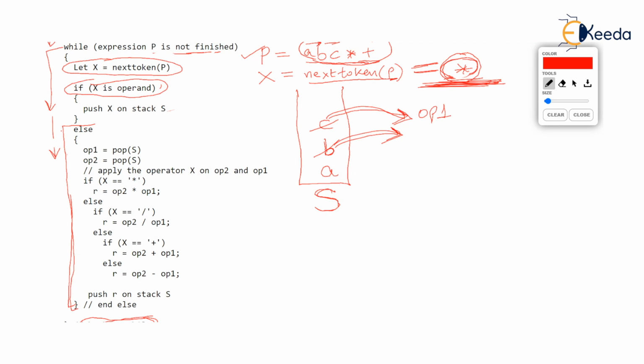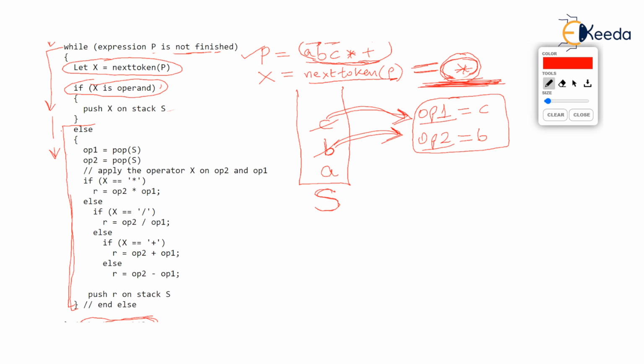If we say op1 is the result of the first pop, then op1 will be C. And if I say OP2, just a variable again, is equal to the result of the second pop, then OP2 is going to be B. So we have got two operands out of the stack, and we have loaded the two operands in the variables OP1 and OP2. Now what?